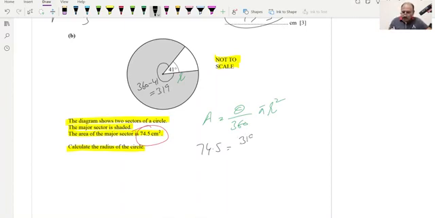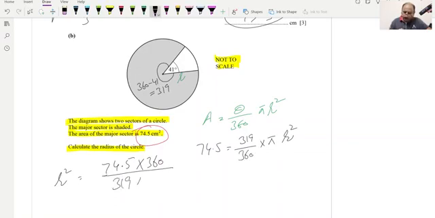So 319 over 360 into pi and r squared. R we don't have, so r squared. Now r squared will be equal to, we can shift everything to the other side, so 74.5 multiplied by 360. This denominator will be shifted to the other side as numerator, and over this will be 319 pi.